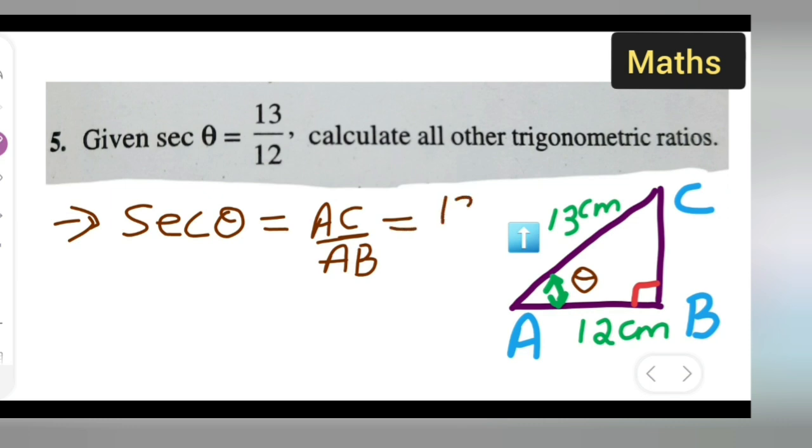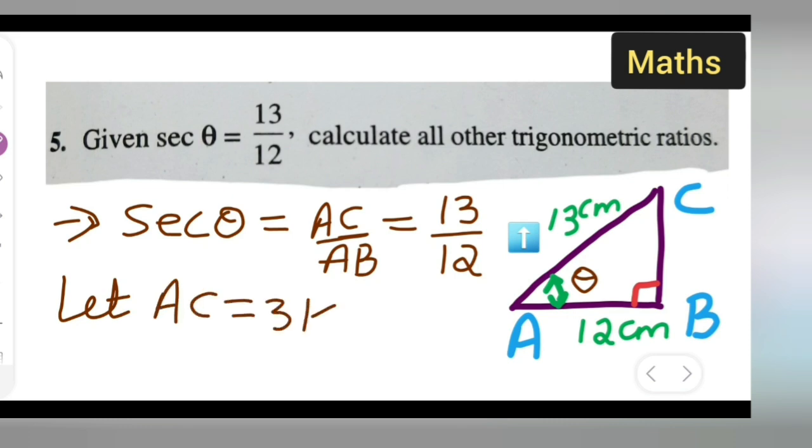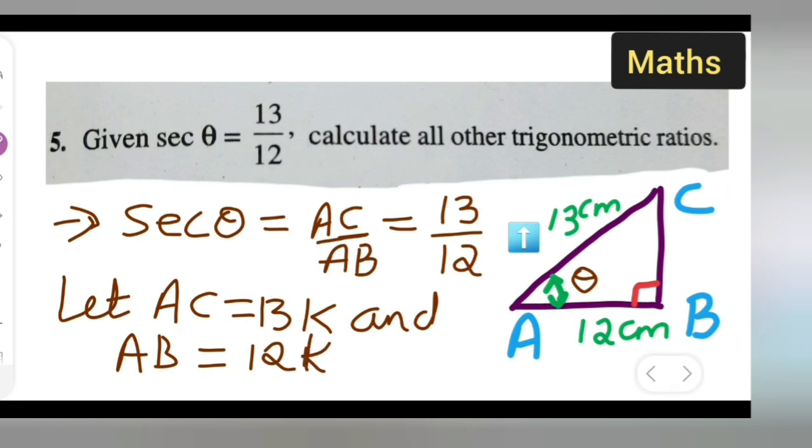AC is 13 upon adjacent side 12. Now you can say let AC be 13k and AB be 12k, where k will be a positive integer.